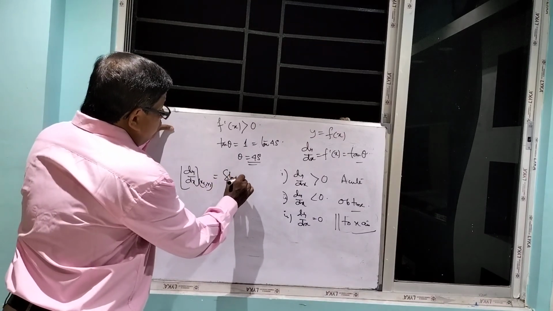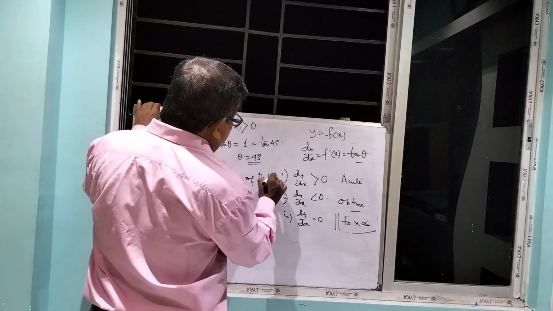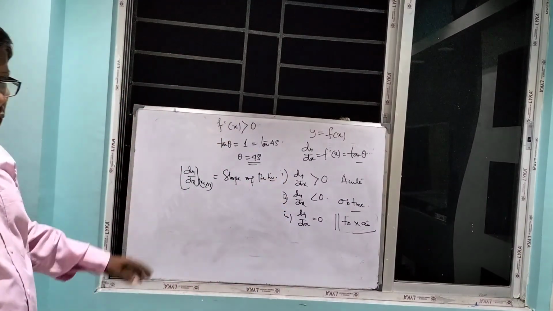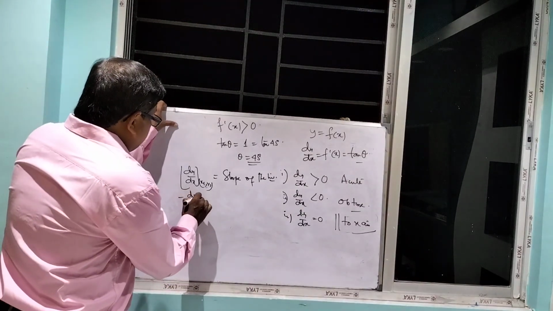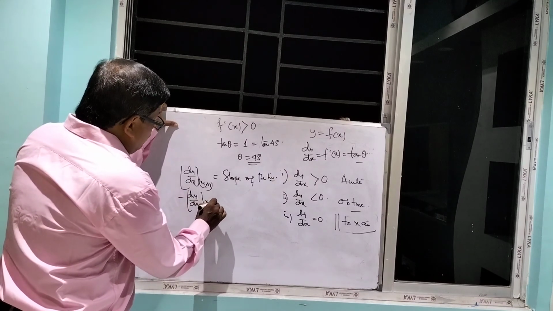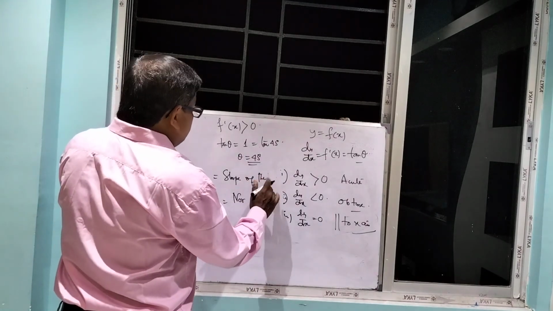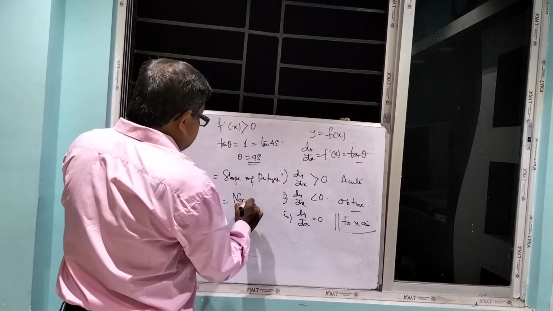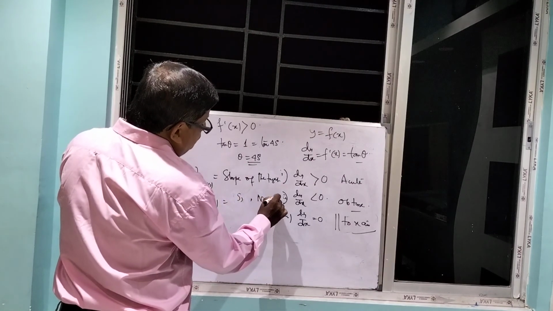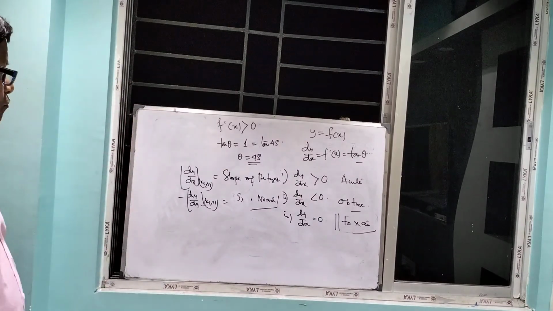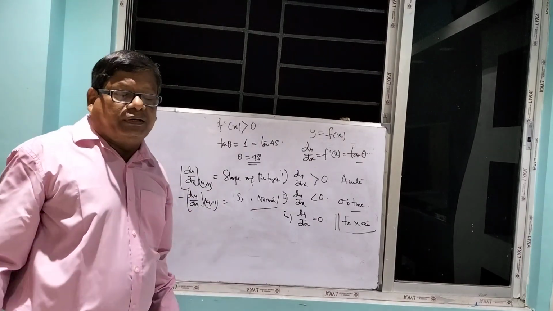That means dy/dx at the point (x1, y1) represents the slope, the gradient, of the tangent line of the function at that point. And minus dx/dy at (x1, y1) is the slope of the normal. This is the gradient of the tangent, and this is the slope of the normal.